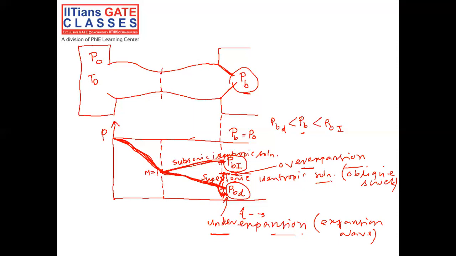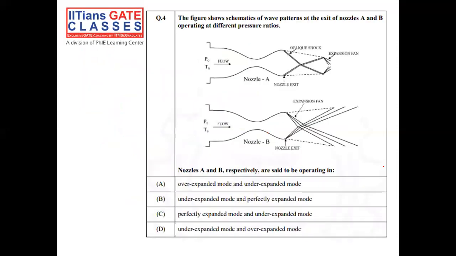Okay, so now let's see the options. In the first pattern, the oblique shock is formed at the nozzle exit, that means this flow pattern corresponds to over expansion, and in the second pattern, an expansion wave is formed. Hence, this pattern corresponds to under expansion. Hence, option A is the correct option.